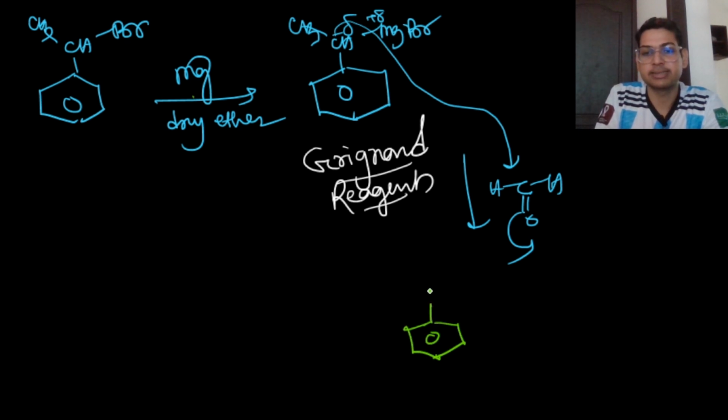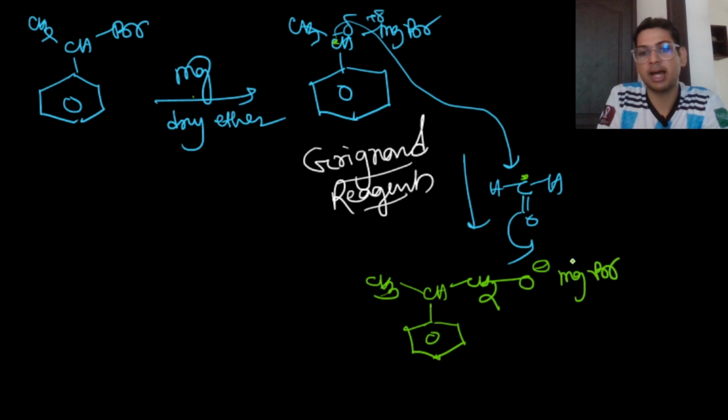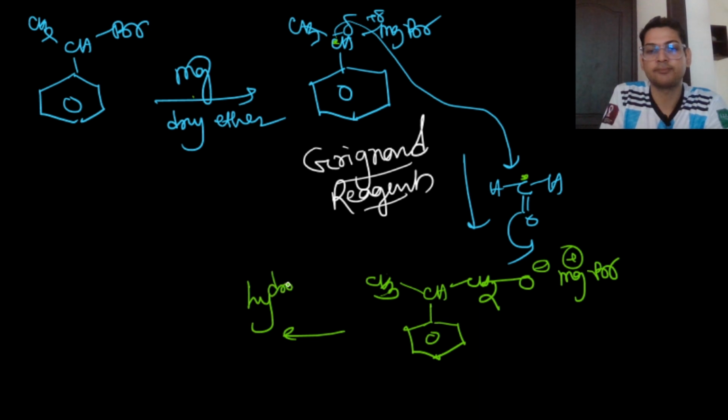So benzene CH3, then benzene CH3. This negative, from this carbon, I am bonding this carbon. Okay, CH2O minus MgBr plus, and obviously in the last step you have to do hydrolysis.